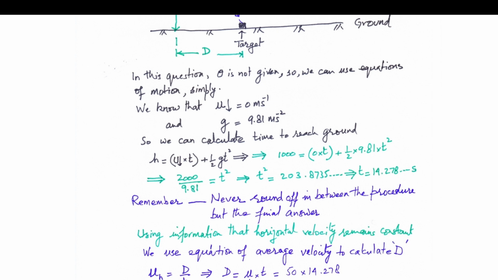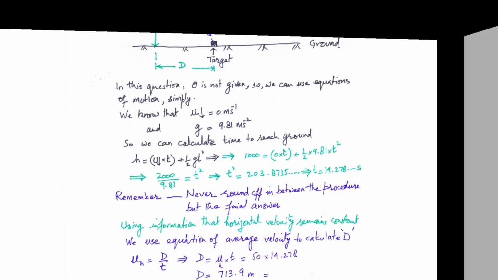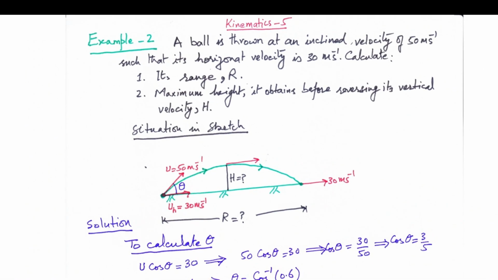Now we go to example number 2, in which a ball is thrown at an inclined velocity of 50 meters per second, such that its horizontal velocity is 30 meters per second, and we have been asked to calculate the range and the maximum height. Now in this we are given the two velocities, so we can find out theta.